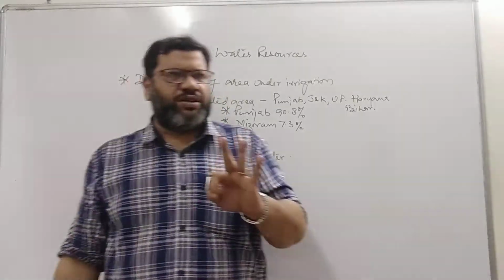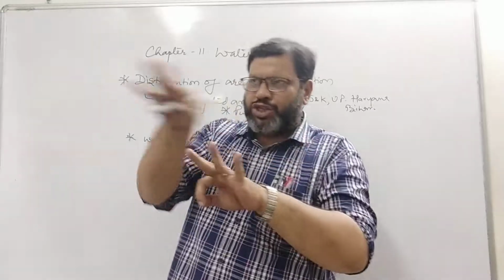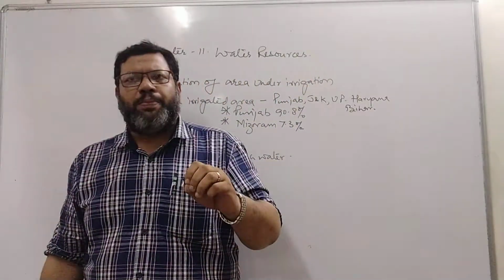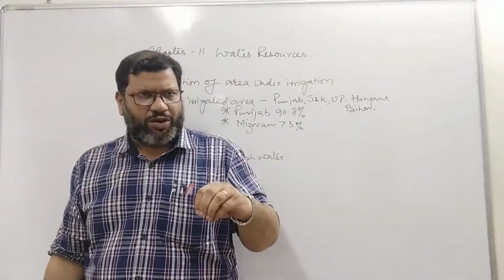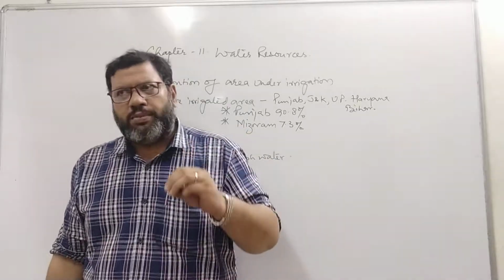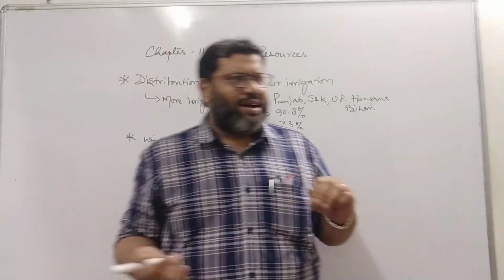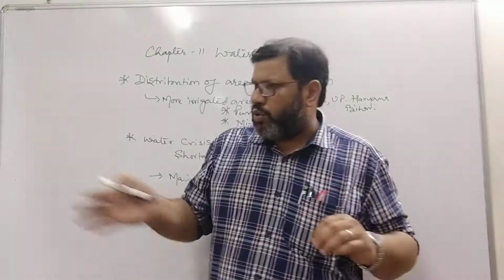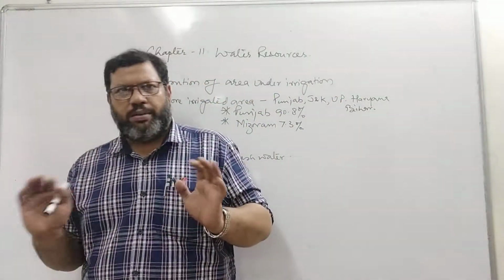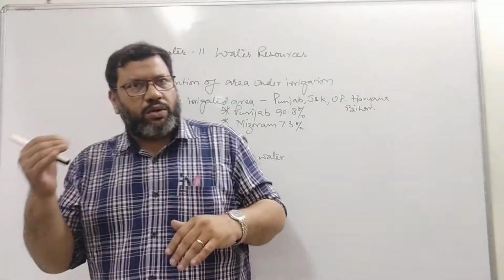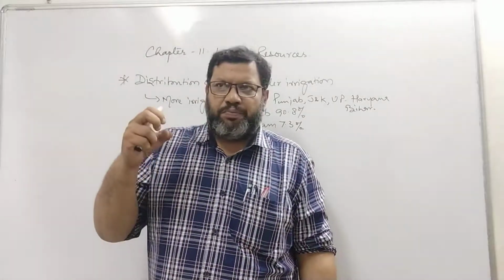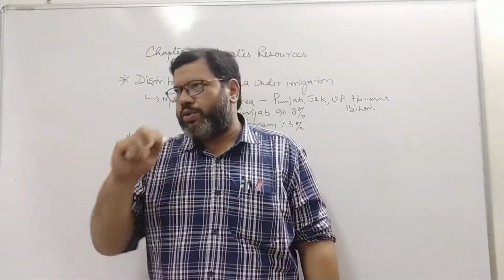Out of that 3%, a certain proportion is again divided, where it could be found in the form of ice or ice caps, as groundwater, and as free flow surface water. Remember about it? That tells us the problem which we are in.